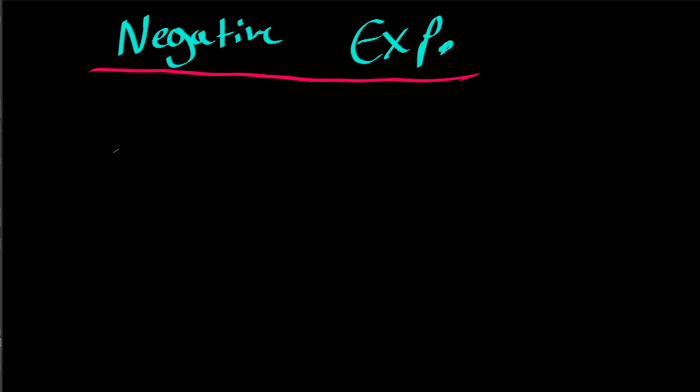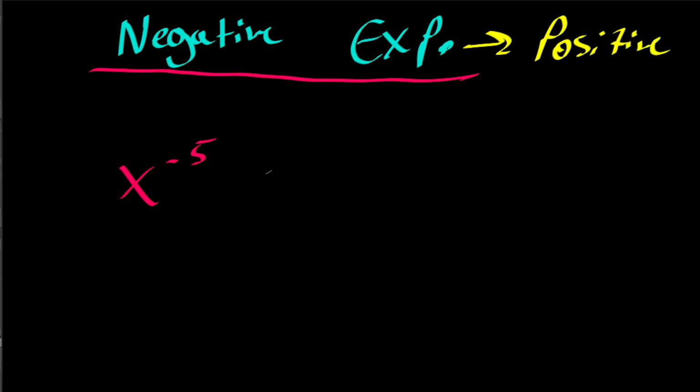All right, so let's say I have x to the negative 5. Now, in math, it's usually a good rule of thumb to always make negative exponents positive. So you want to make these negative exponents positive exponents. So here's the rule. Let's act like this is a fraction that says x to the negative 5 over 1. Because remember, we can pretty much put anything over 1 as long as it's not already a fraction. So here's what happens to this exponent and the base of the exponent if I want to make this 5 positive.